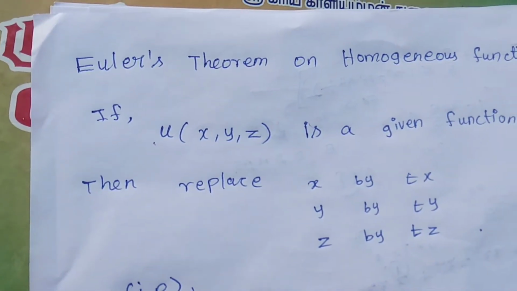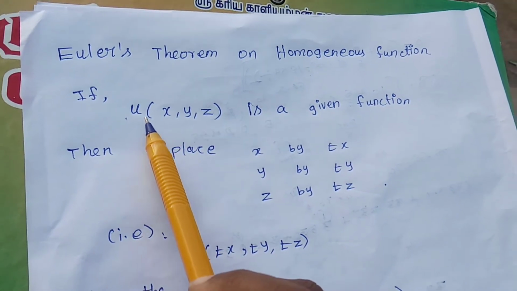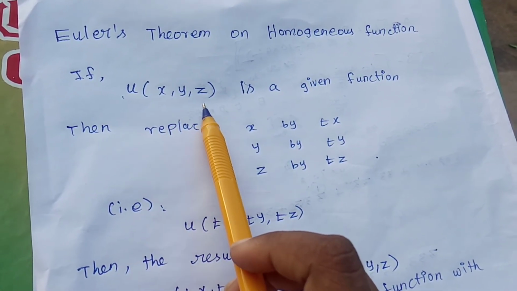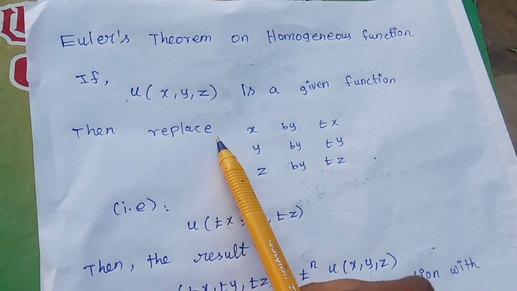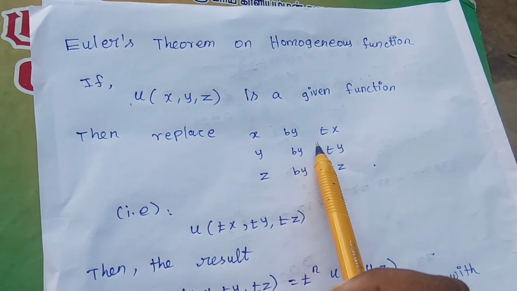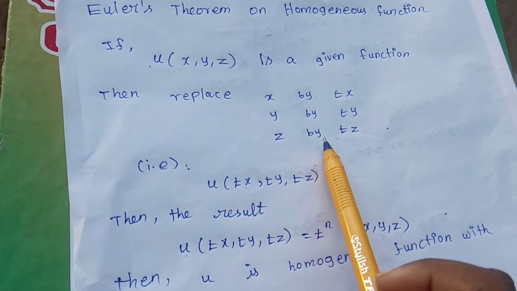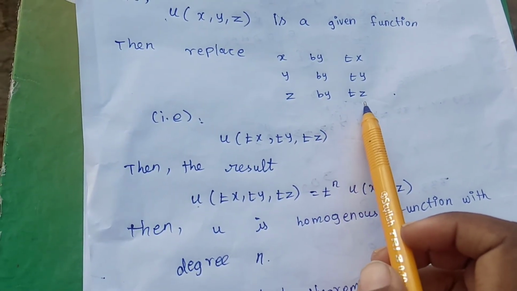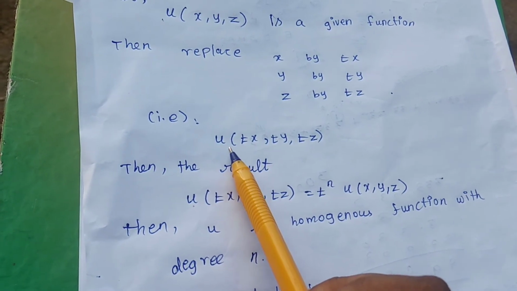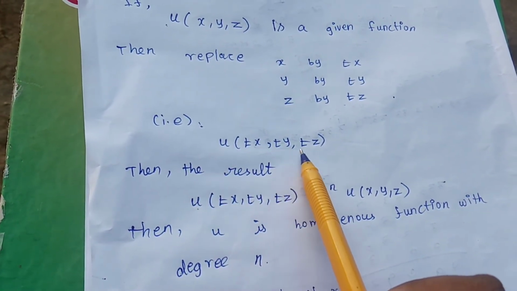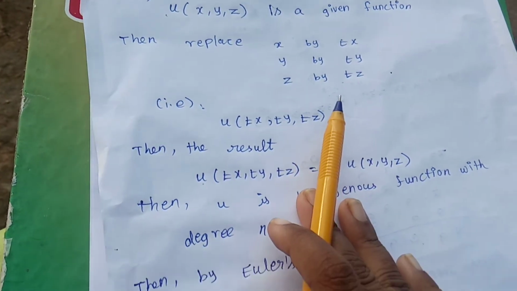Now we are going to the definition. Consider u as a function having x, y, z terms. Then I replace x with tx, y with ty, and z with tz. The resulting one will be u of tx comma ty comma tz.